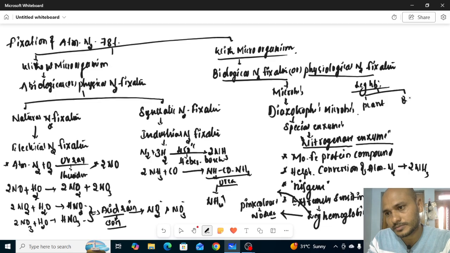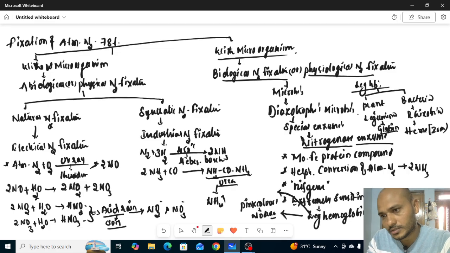In this leguminous plant, the protein part is formed, that is globin, and rhizobium bacteria form the heme part, an iron compound part.